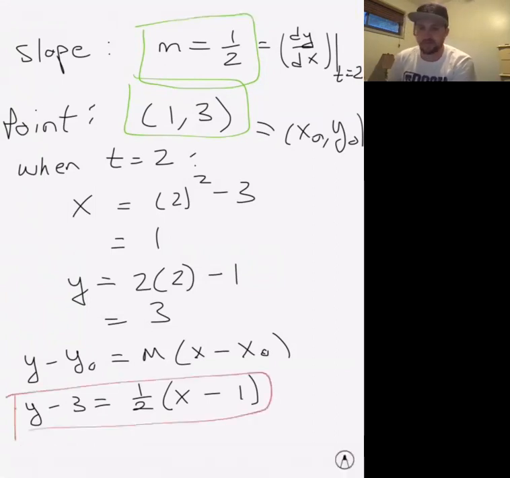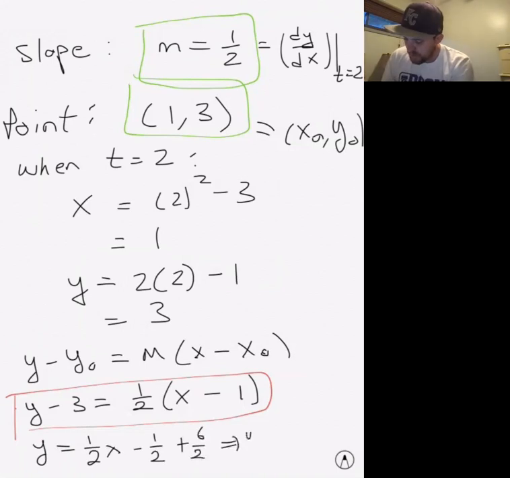Sometimes it's a little more aesthetically pleasing to express it in slope-intercept form. So if we do that, we'll get y equals 1/2 x, and then minus 1/2 plus 6/2, because we added the 3 over.